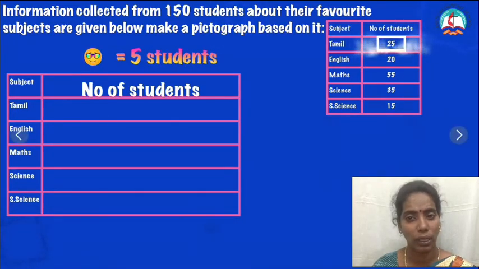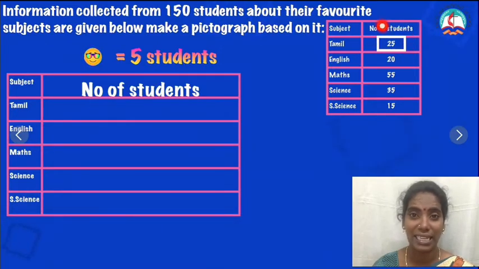Look here. All the numbers end in 5 or 0, so they are multiples of 5. All the numbers must be divided by 5, right? Because each smiley represents 5 students. So 25 divided by 5, what do you get?